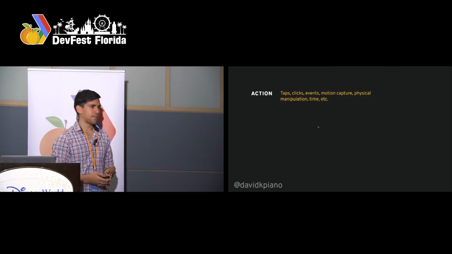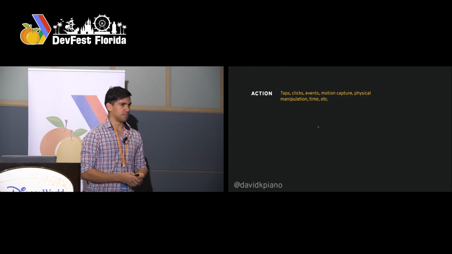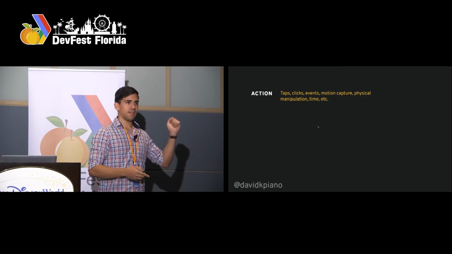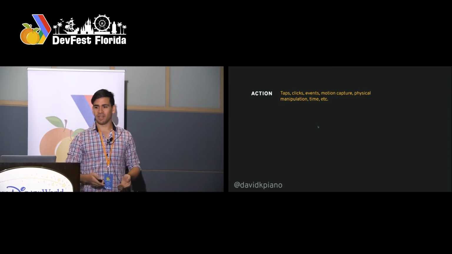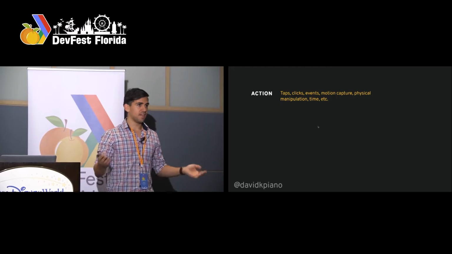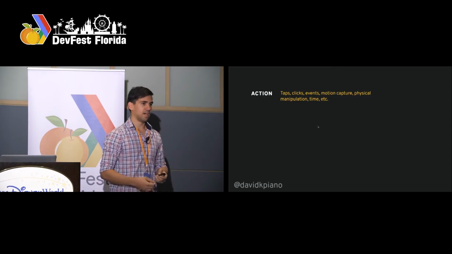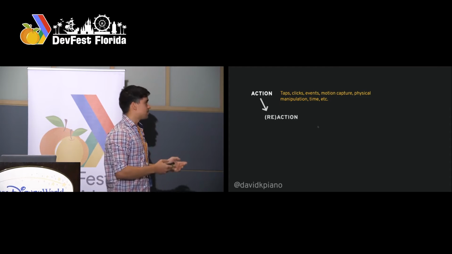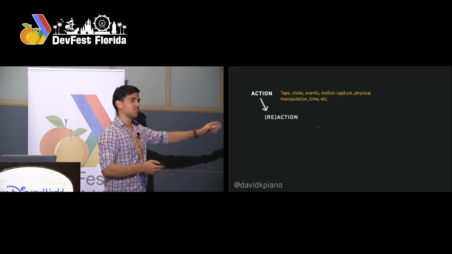And so that's what I want to talk about today, because real life, according to Newton and pretty much everything else, is based on the fact that for every action we do, and these actions could be anything, like taps, clicks, events, just anything you do, and anything you react to as well, every single one of these actions causes a reaction. But these reactions are also actions in themselves.